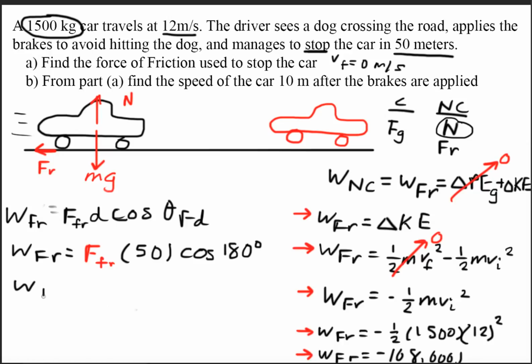So if we continue to write this out, the work done by friction is the force of friction times a negative 50. What we can do here now is use substitution and solve for the force of friction.